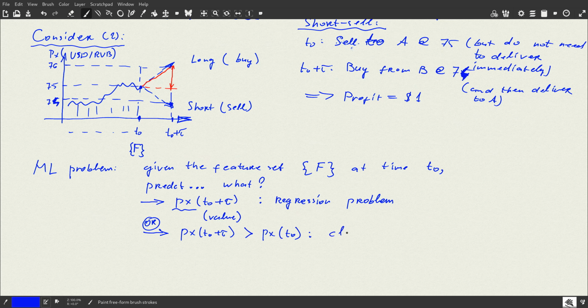This is a classification problem. I'm sure you encountered in your previous machine learning studies both regression and classification problems. Is that correct? Yes.